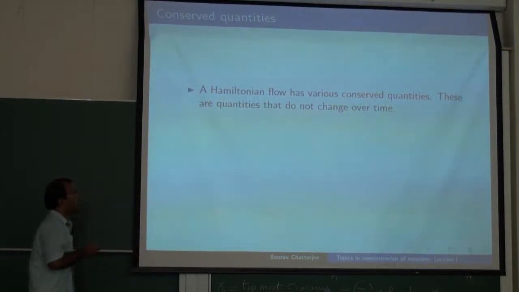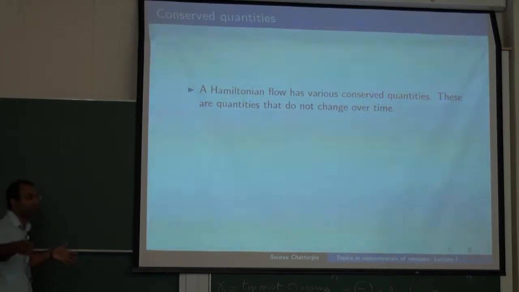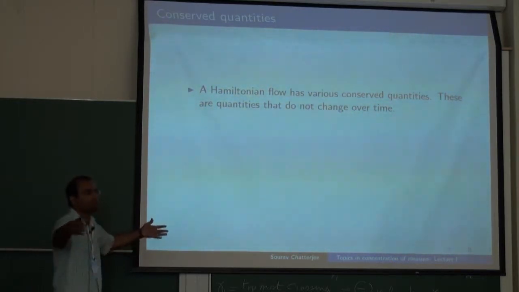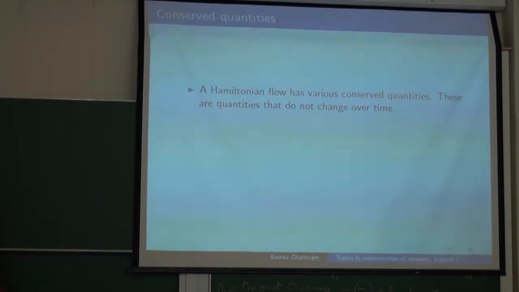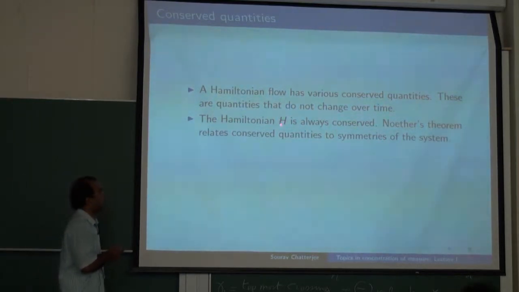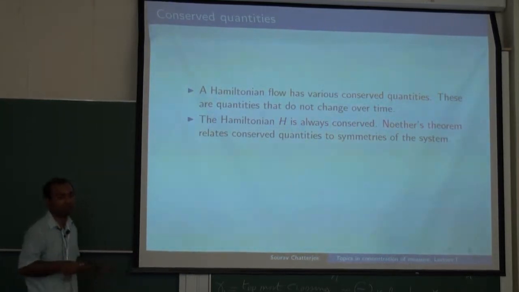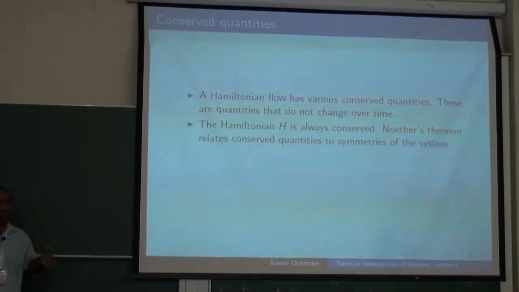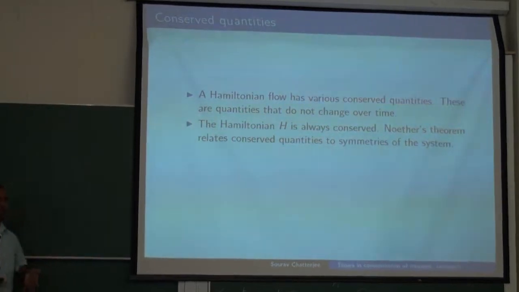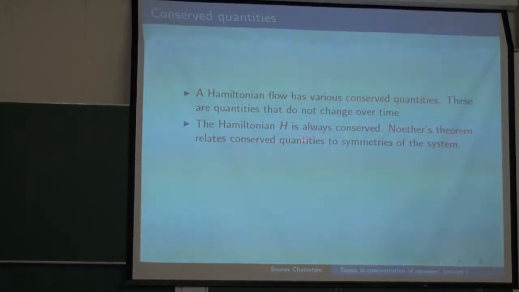Now, a Hamiltonian flow has various conserved quantities. A conserved quantity is a function of the momenta and the positions which does not change over time. One example is this Hamiltonian itself. If H is considered to be the energy, what I wrote down in the previous slide is just a sum of the kinetic and potential energy. So this Hamiltonian is always conserved.